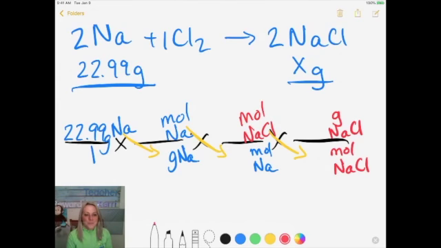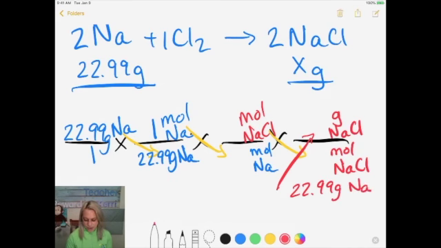We can determine how many grams are in 1 mole using the periodic table. 1 mole of sodium is equivalent to 22.99 grams, so we put that down below. Then for sodium chloride, we have 22.99 grams for Na and 35.45 grams for Cl.